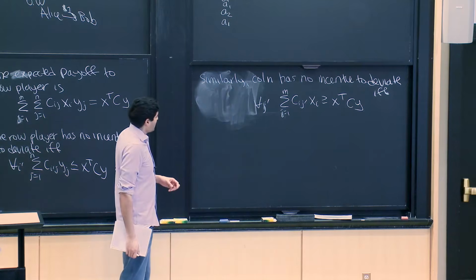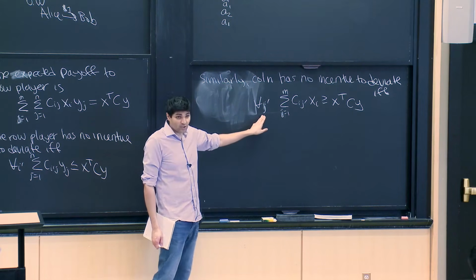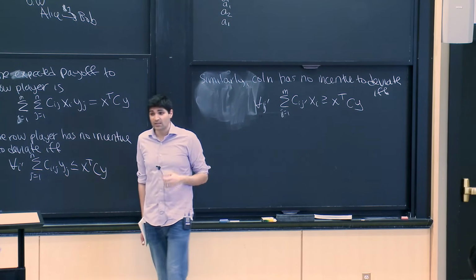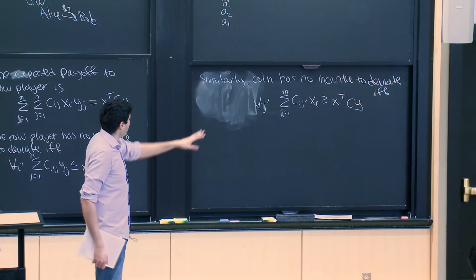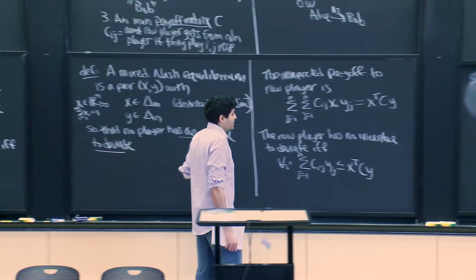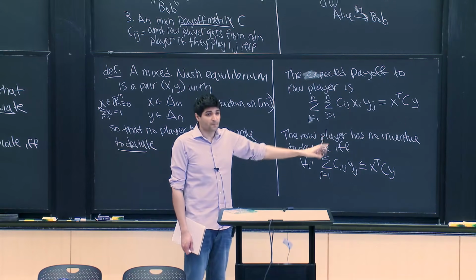So this works the same way. Bob is just deviating to a single strategy j prime. The inequality gets flipped because the payments are going to Alice, not to Bob. But this is how to turn this definition of a mixed Nash equilibrium into a system of linear inequalities.